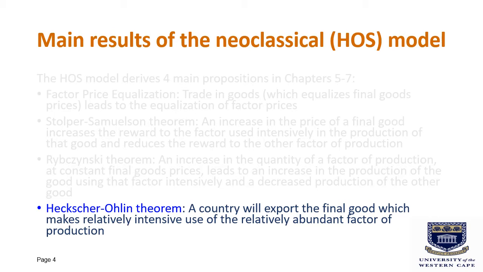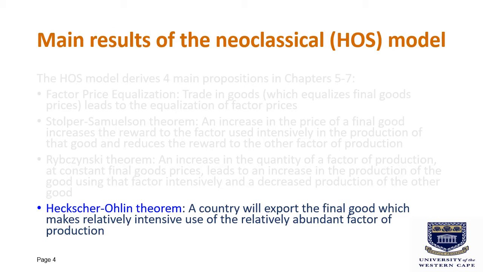What does that mean? That means that if, for instance, Austria is a capital intensive or capital abundant country, it will export the good that is capital intensive. So capital abundance leads to capital intensive, which leads to the export of that capital intensive good.